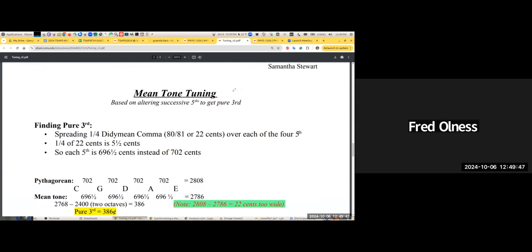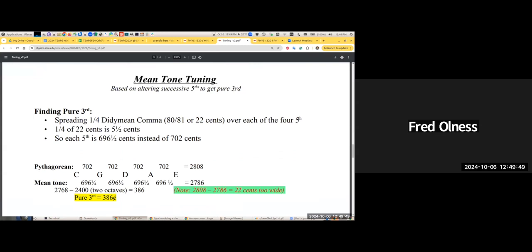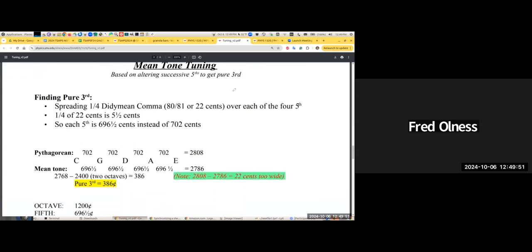And what you realize is that the fifth is pretty close. In the Pythagorean system, we did the cycle of fifths to get to the E. We went C to G, G to D, D to A, A to E. So we did 4 steps going around the cycle of fifths. And the E that we found turned out to be 22 cents too wide.